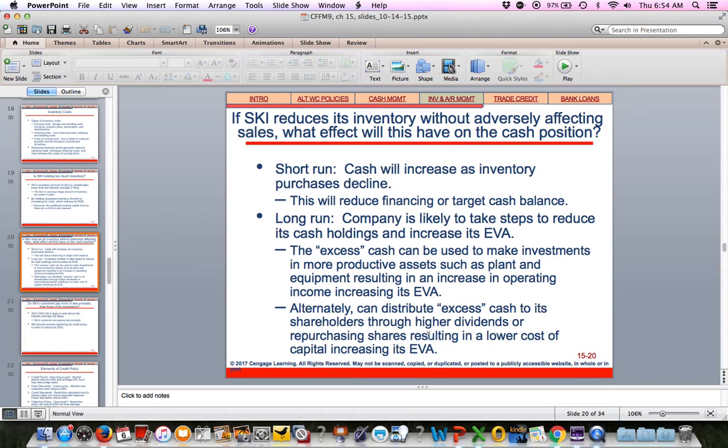Which is all kind of the items mentioned in the last two right here. So the better you are at inventory management, the more profitable you will be, the higher your ROA will be, the higher your EVA will be.